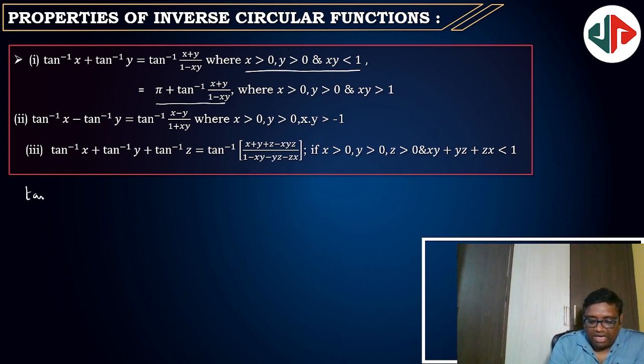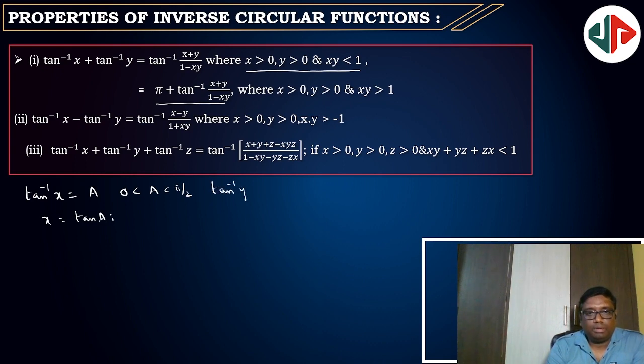Just remember, tan inverse of x is equal to a. Here x is greater than 0, so a must lie between 0 to pi by 2. So the x value is always equal to tan a. Here tan inverse of y is equal to b.